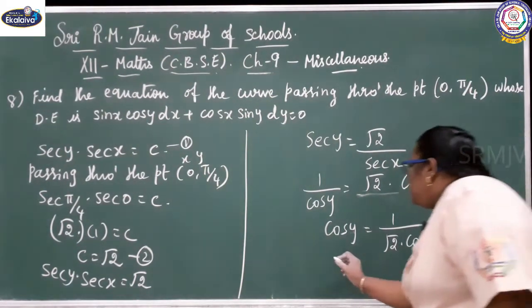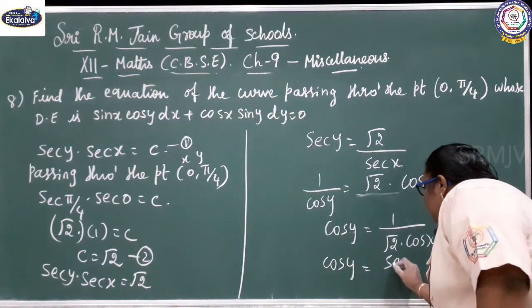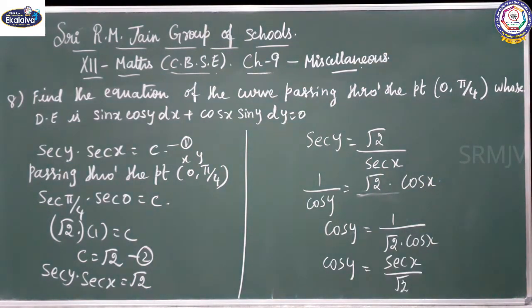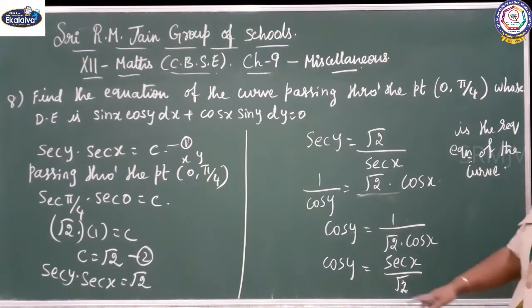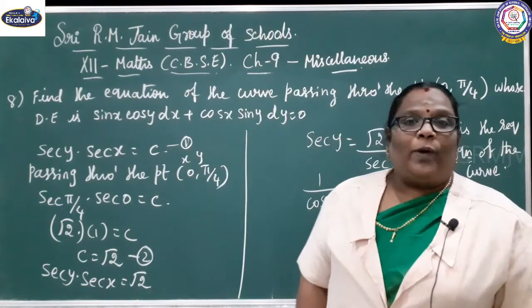So cos y equal to, 1 by cos is secant x, so secant x by root 2 is the required equation of the curve. So cos y equal to secant x by root 2 is the required equation of the curve.